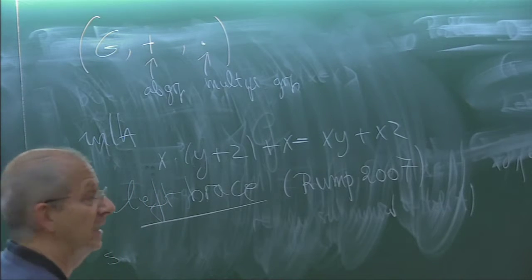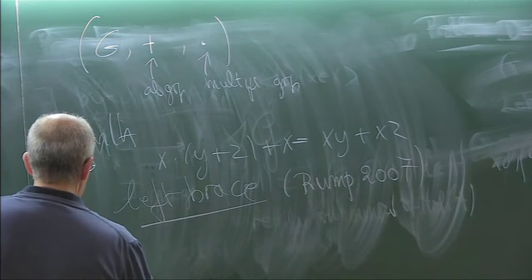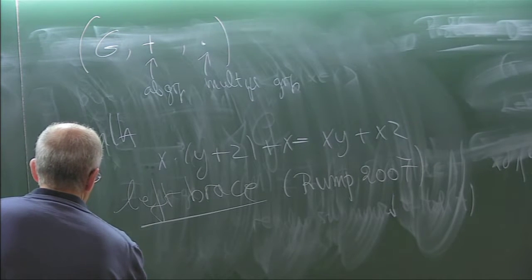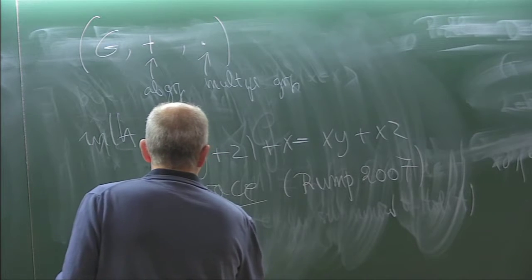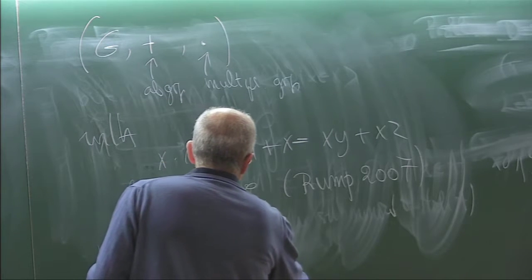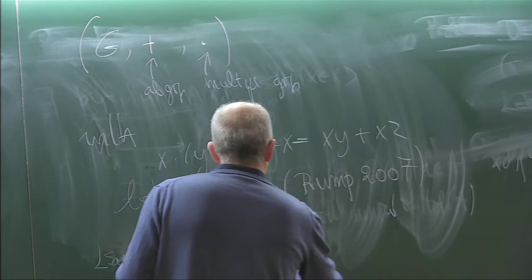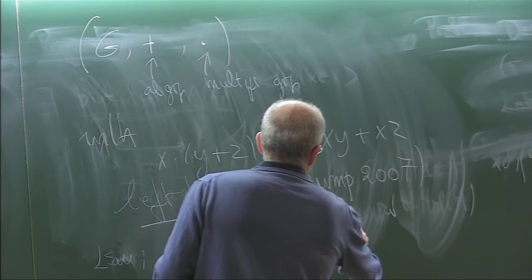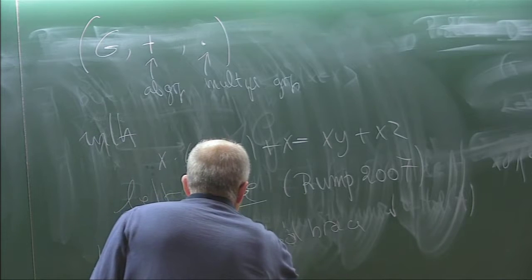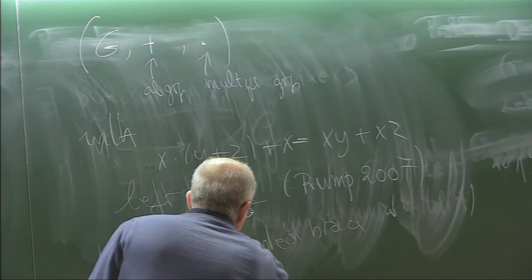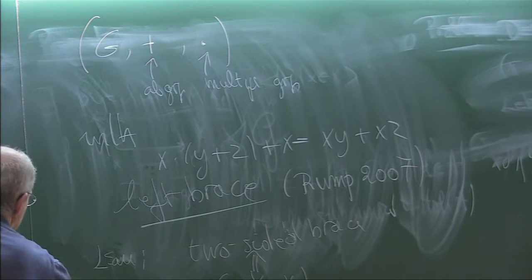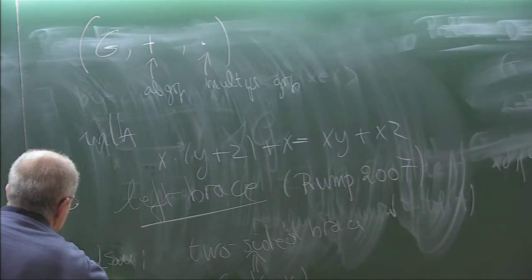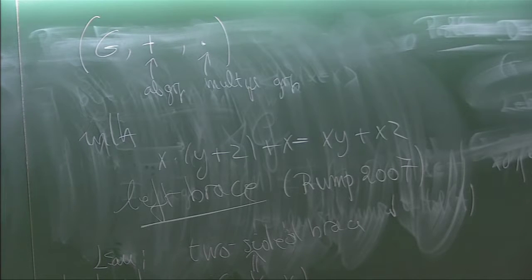And very recently, a bright young student of Agata Smoktunowicz, his name is Lau, proved that for a two-sided brace, if I look at this structure, G with a plus and the new operation, a star operation, and what is star? A star B is AB minus A minus B. String theorists know where this comes from. This is from radical theory.